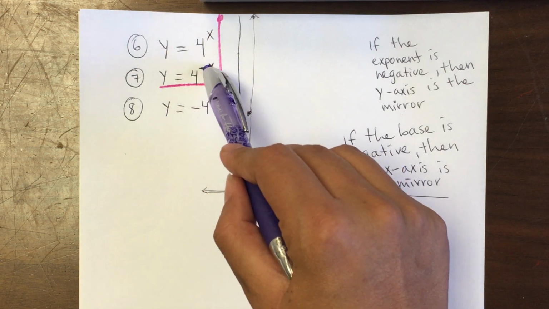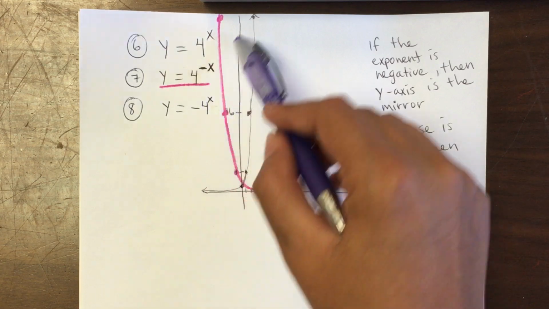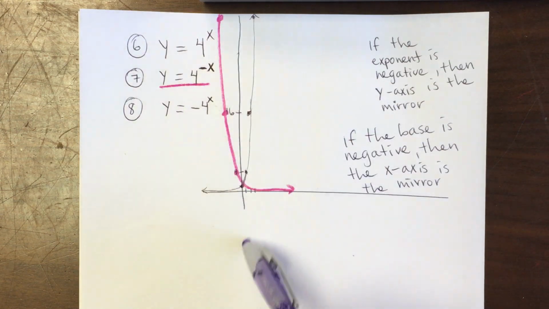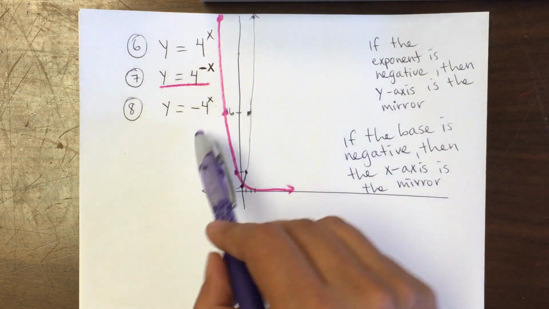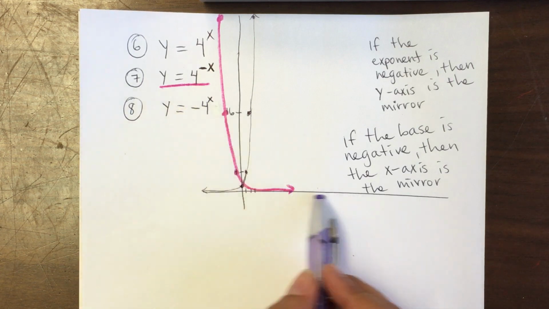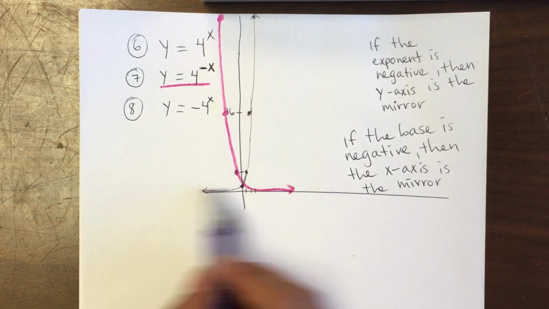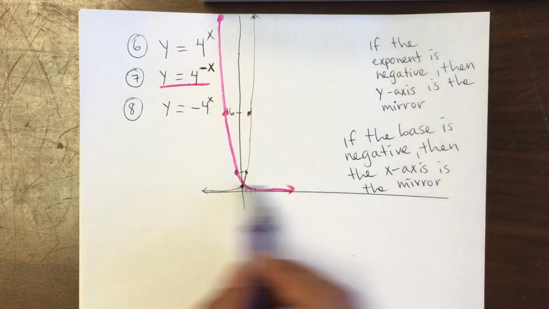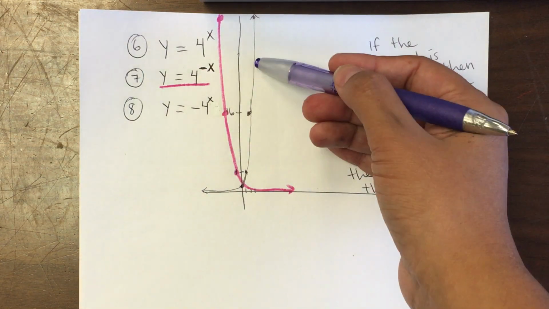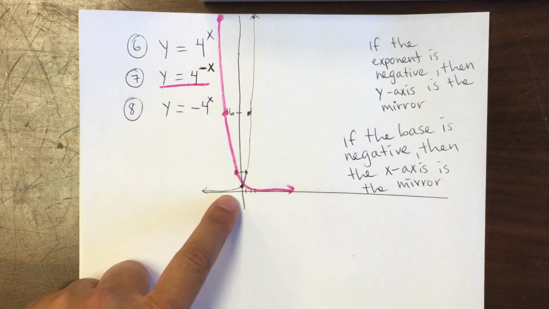If the negative is up above, then up and down is your mirror, the y-axis. If the negative is down below, then right here is your mirror, down below, okay? And so basically your reflection goes down below as well.